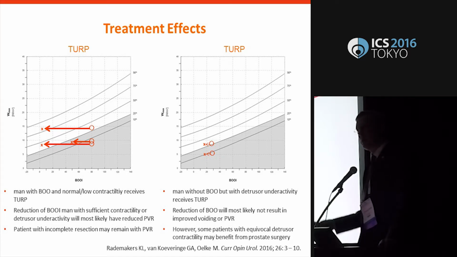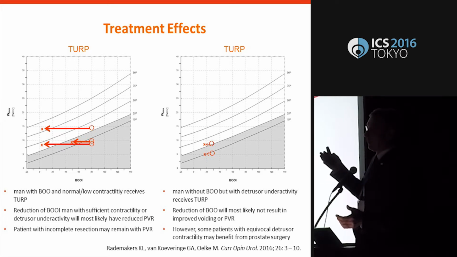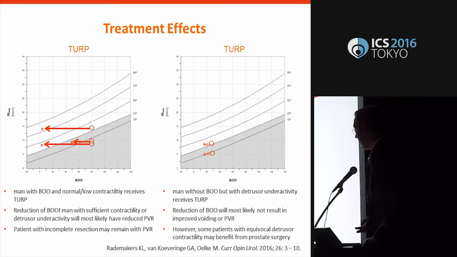It's very likely this patient will void better. When he had an incomplete voiding, then he will become complete. So the balance between contractility and resistance is better. And the same even happens with this patient. So he has Detrusor underactivity, you resect him, and he will move into a favorable area where he most likely can void.